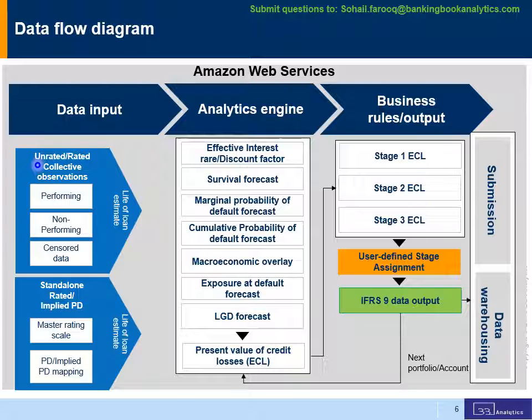For collective observations, to avoid historical bias, we look at performing and non-performing loans, including censored data. For standalone or implied PDs, we use master rating scale or rating agency data, whatever is applicable. Once data is cleaned and input, it is then exported to analytics engine for the determination of expected credit loss.